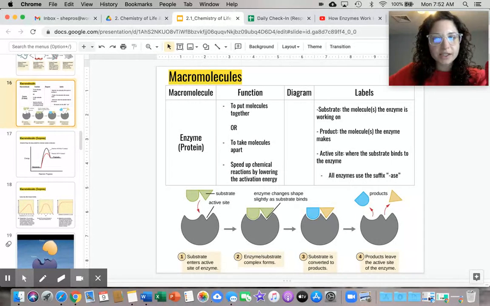I obviously just listed a bunch of enzymes. You don't know what they do, but because you know it's an enzyme from the ASE, you know that these molecules are putting molecules together, taking them apart, and speeding up the chemical reaction by lowering the activation energy. So that's just a little helpful hint as you're reading through stuff. If you see that ASE, you know it's an enzyme, and then you should know what an enzyme does.